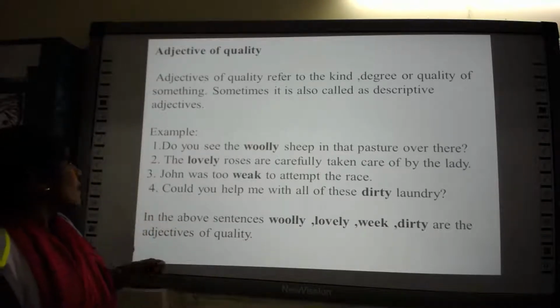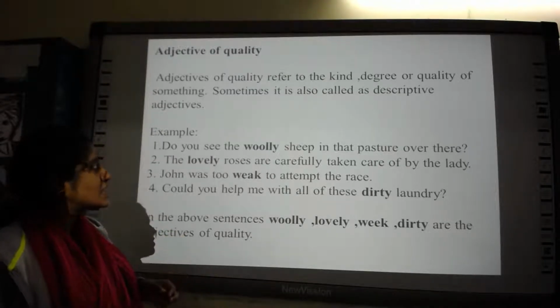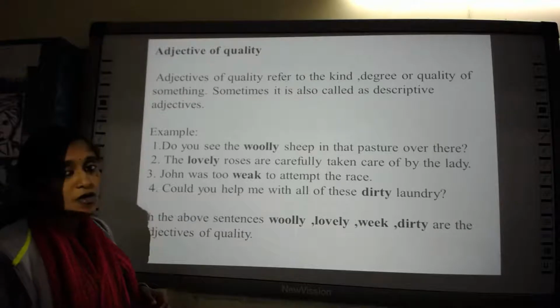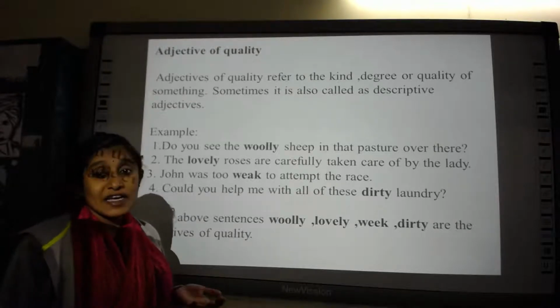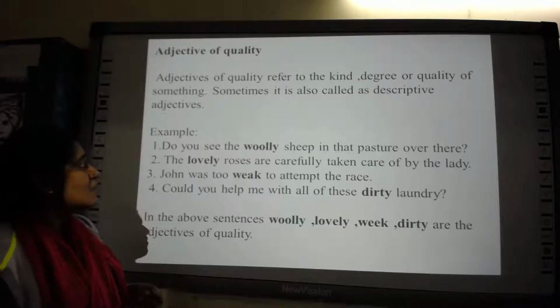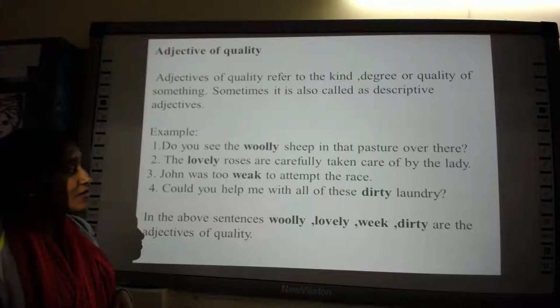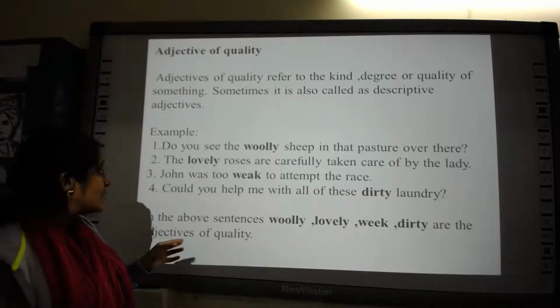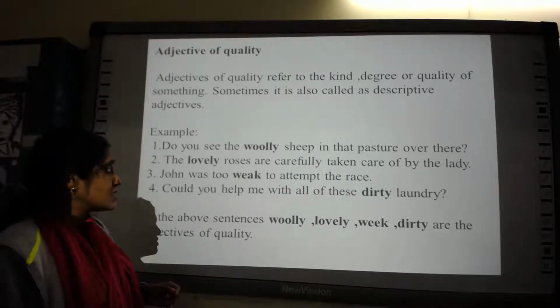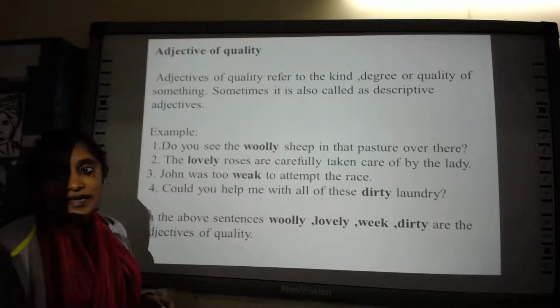For example, do you see the woolly sheep in the pasture over there? What kind of sheep is it? Woolly. Second one is the lovely roses are carefully taken care of by the lady.